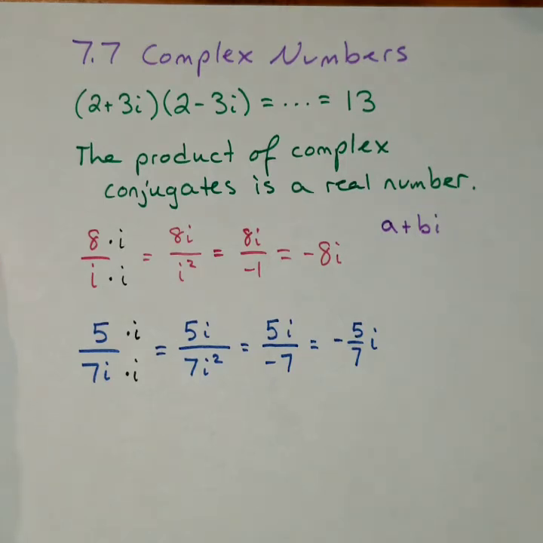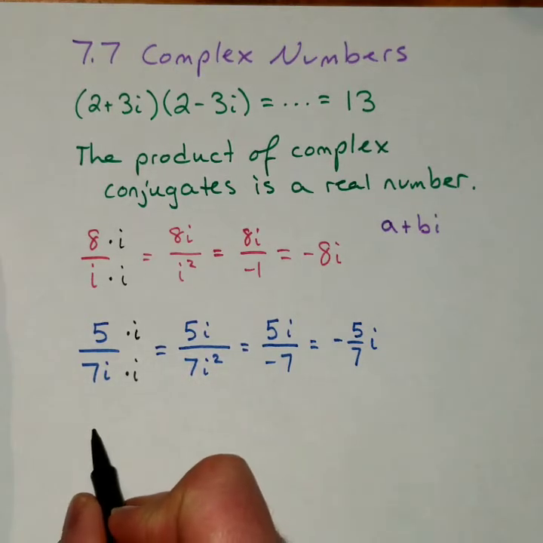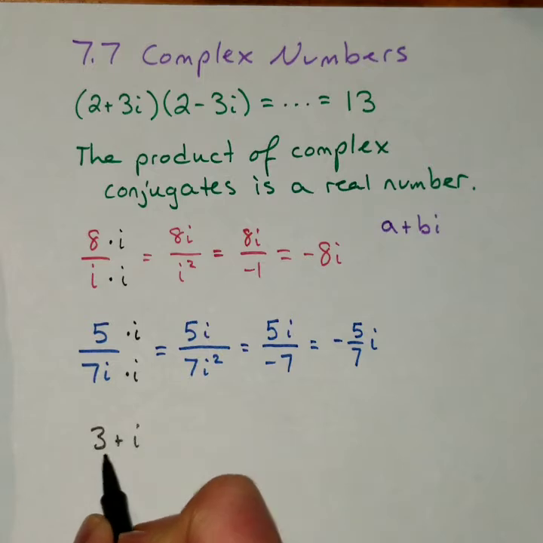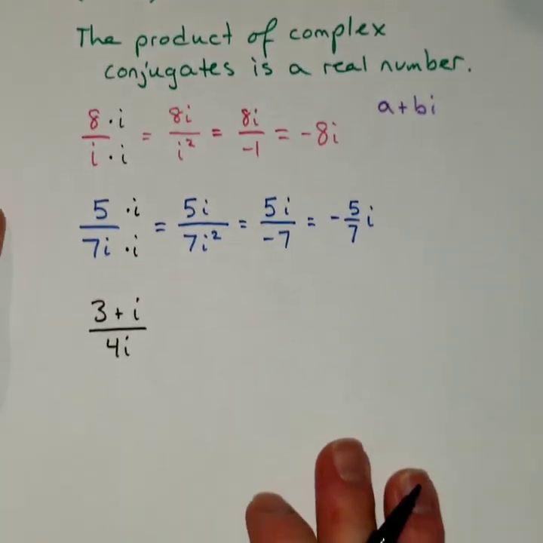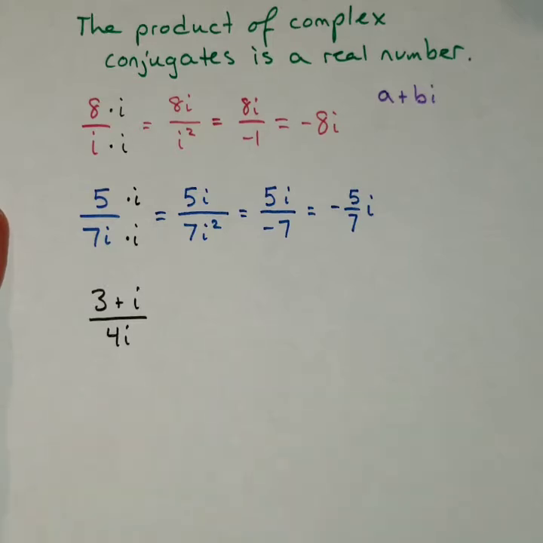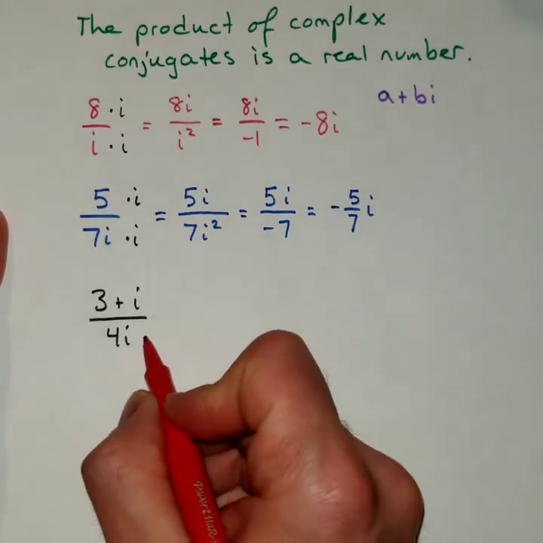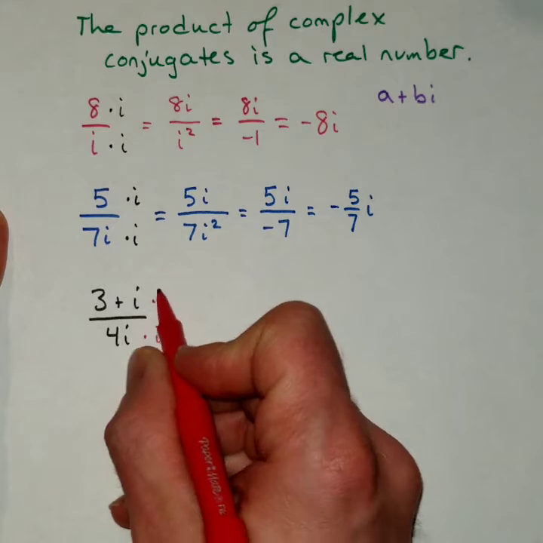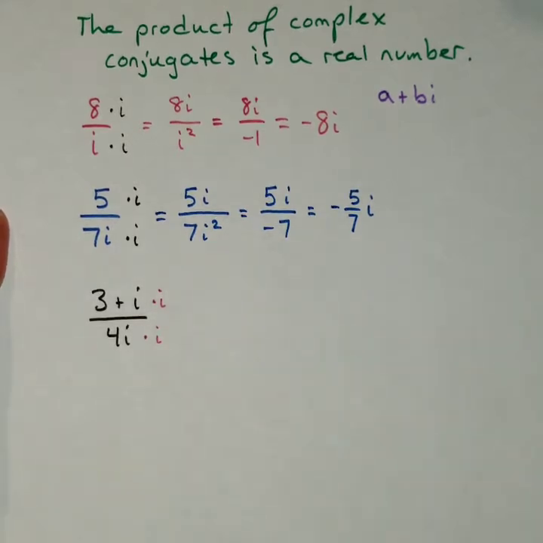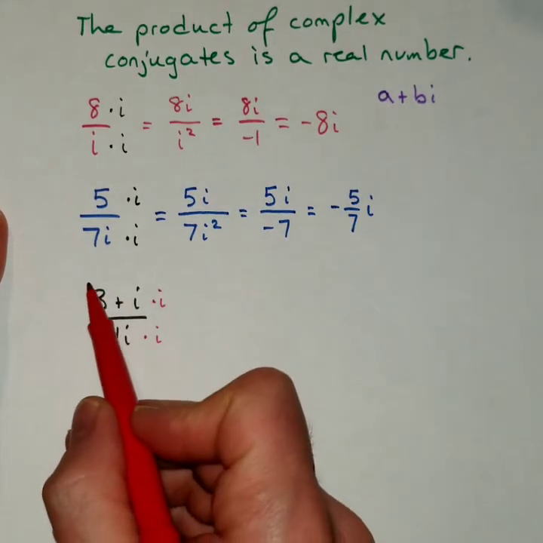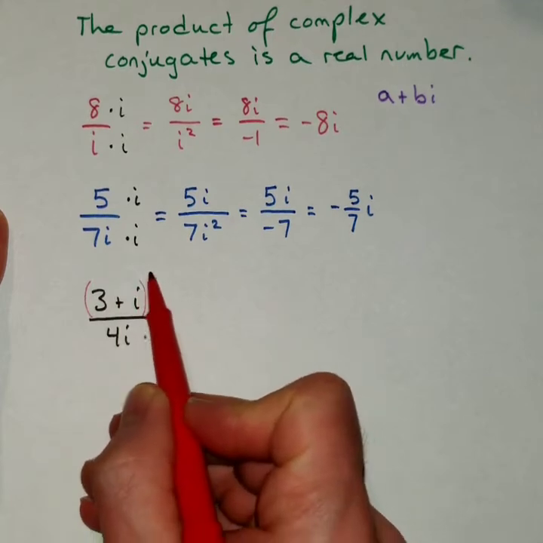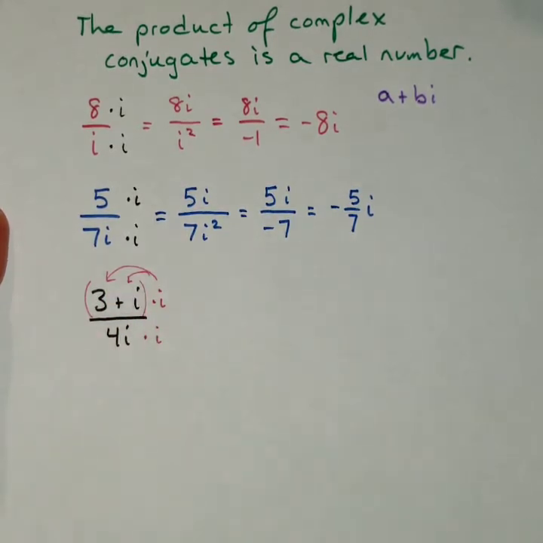Alright, let's look at a couple more. Let's do something like 3 plus i over 4i. Again, I've got that denominator with an i in it. I'm going to multiply top and bottom by i. Now when I do that to the top, I actually have to distribute that i to both terms. I can't just pick and choose one.